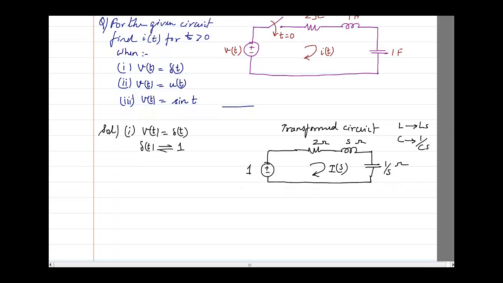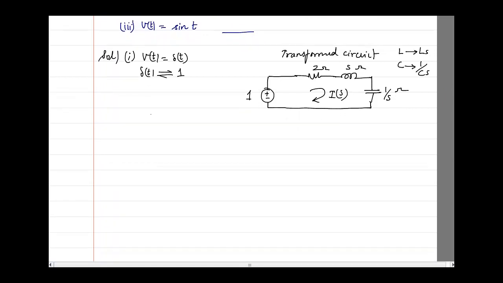Now I have to consider how to solve this. The first step is over, that is the transform circuit. Now for finding I of s, apply KVL. If I apply KVL to this loop, in front of each element there is a plus or minus based on the direction of current, correct?